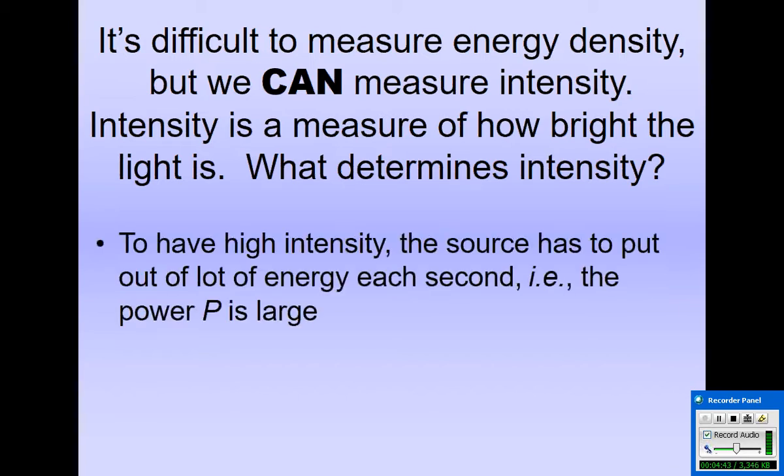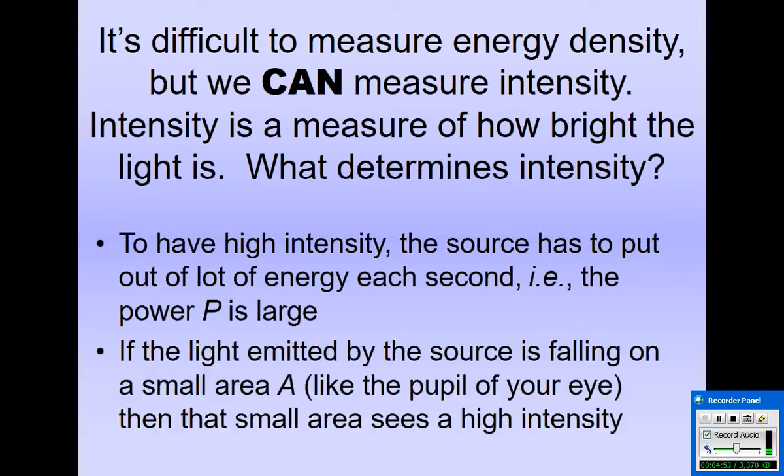First off, the source has to have a lot of power, a lot of energy per second. So if it's putting out a lot of energy per second, it's more likely to be bright. Second of all, that light has to be focused onto a small area. So we can talk about the sun, which illuminates a spherical area, or compare that to a laser, which only focuses the light onto a very tiny area.